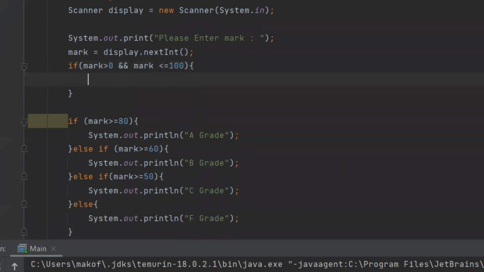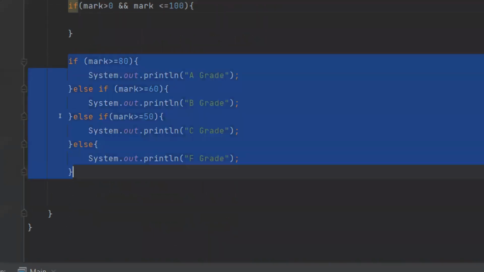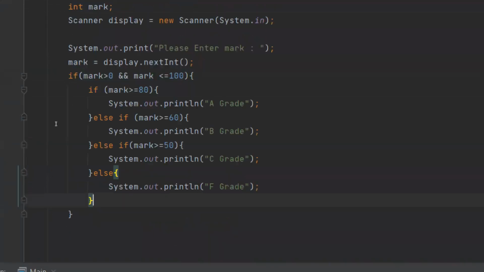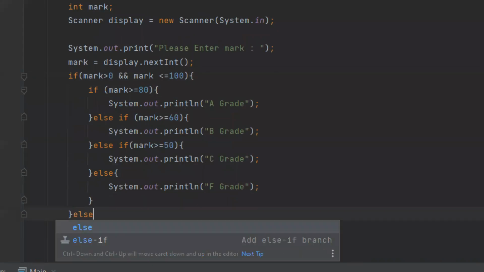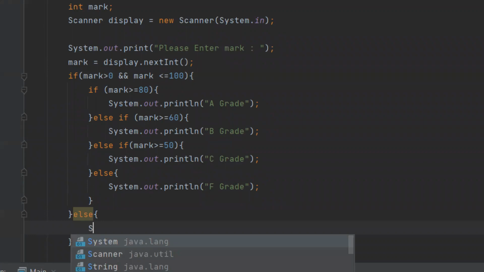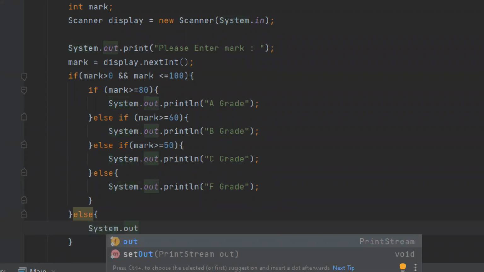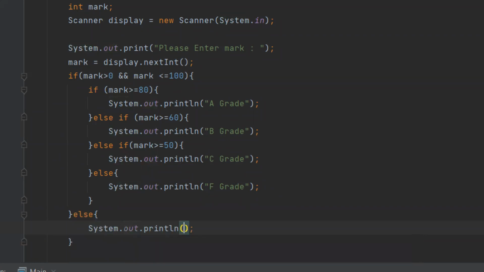If you fall within this range, then enter here and do all of this. If you don't fall within this range, else, we can put in here System.out.println, mark is invalid.